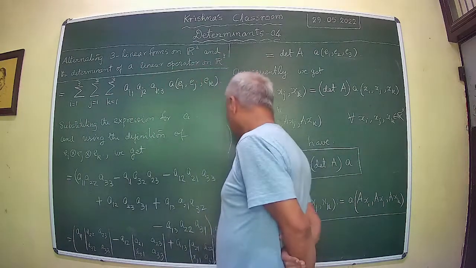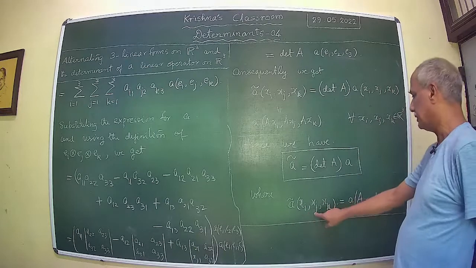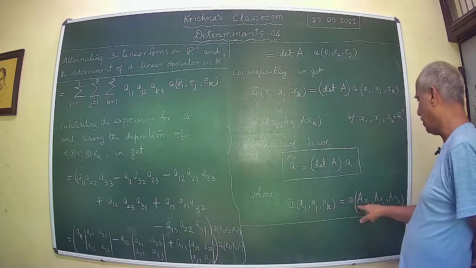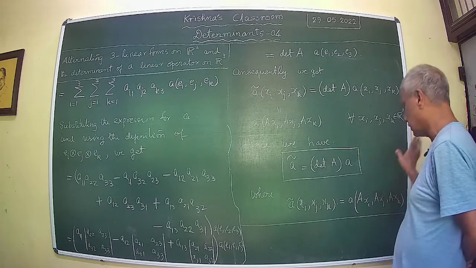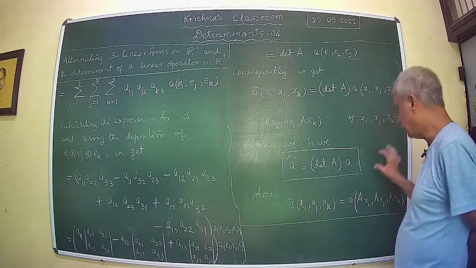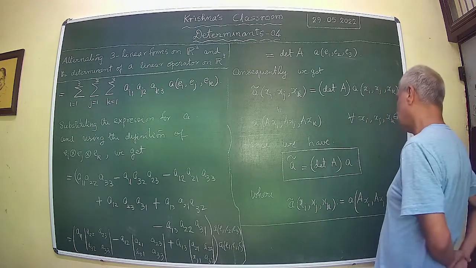Now you explore the following. Define A tilde of xi, xj, xk as A of A xi, A xj, A xk, where A is a fixed linear transformation on R3.